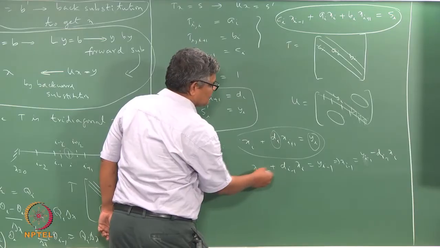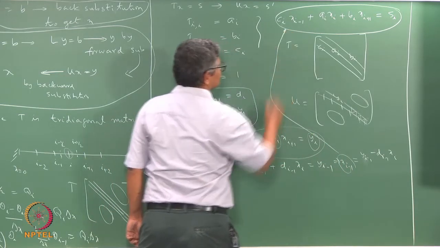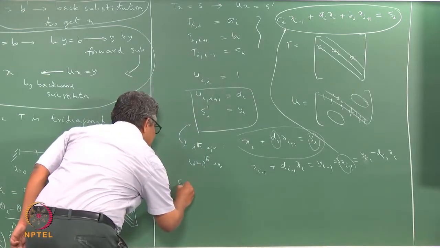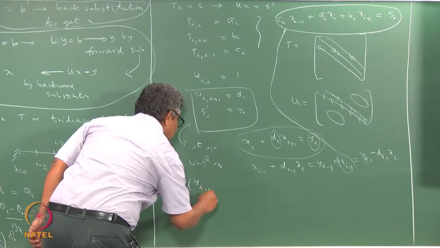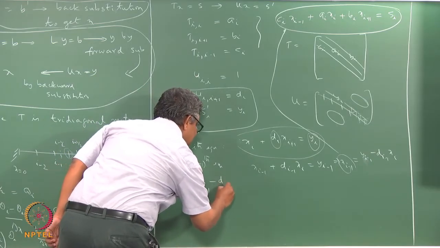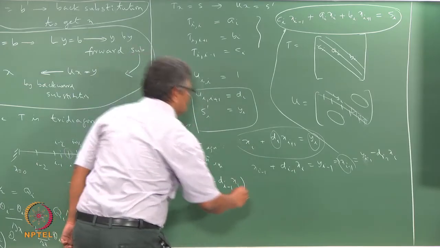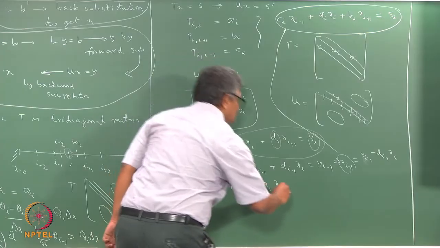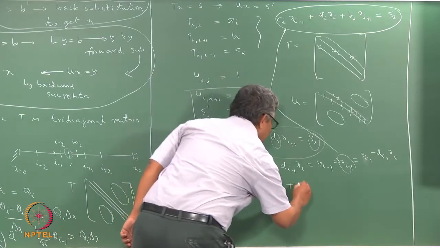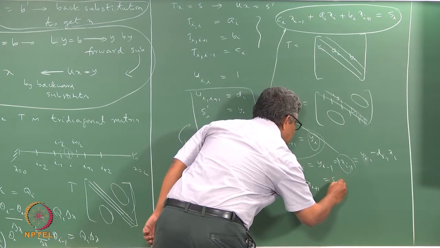We substitute this value here, and we can write that as ci times (yi minus 1 minus di minus 1 xi) plus ai xi plus bi xi plus 1 equal to si.